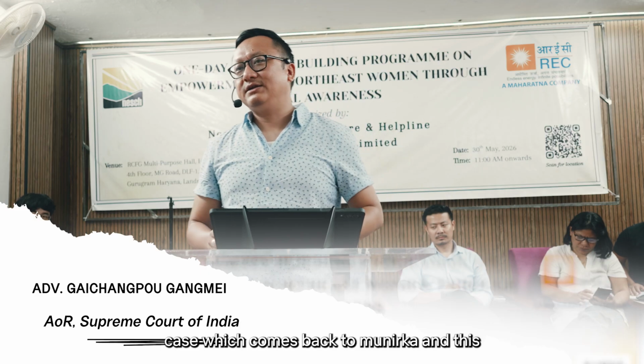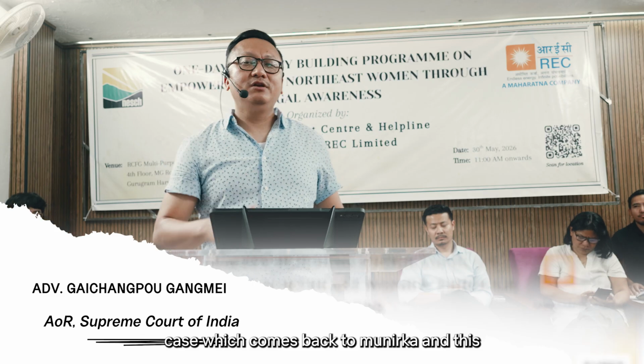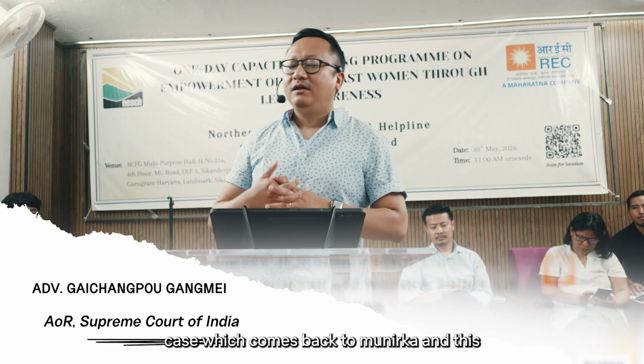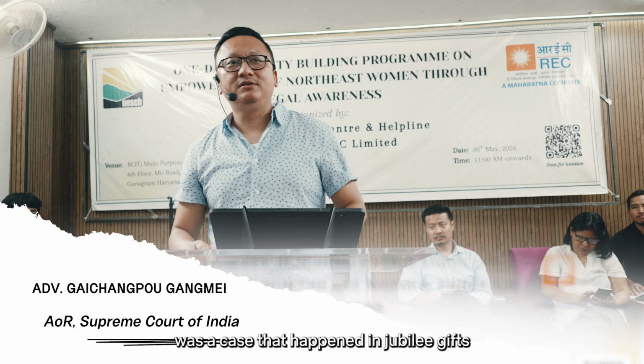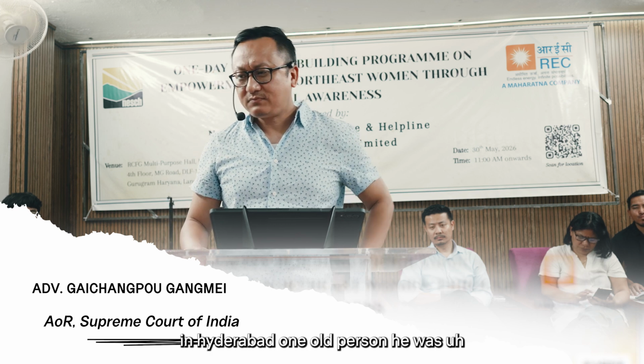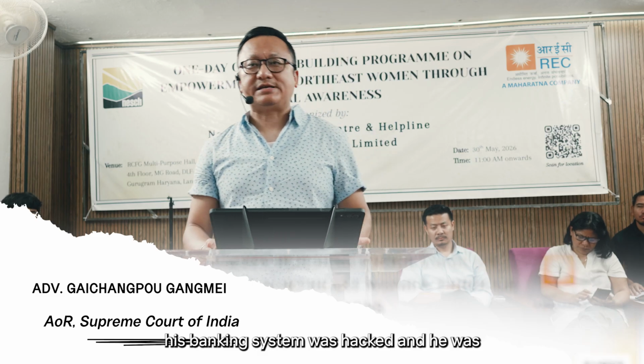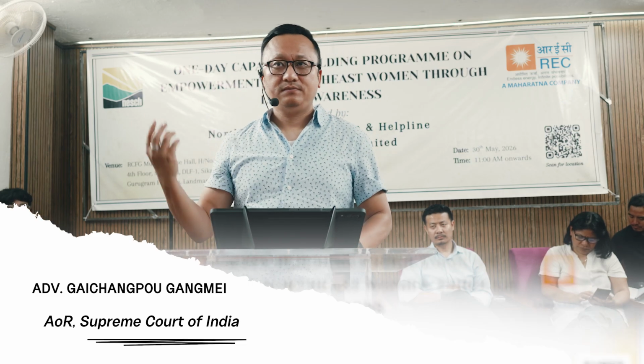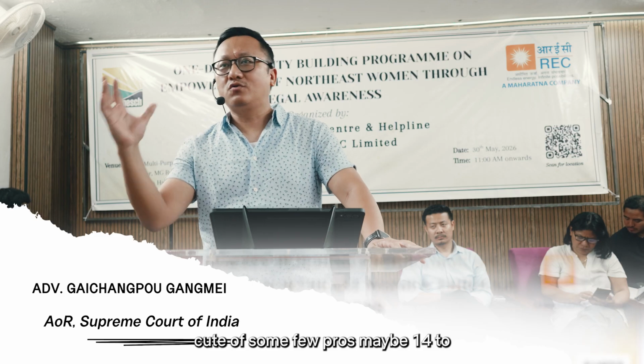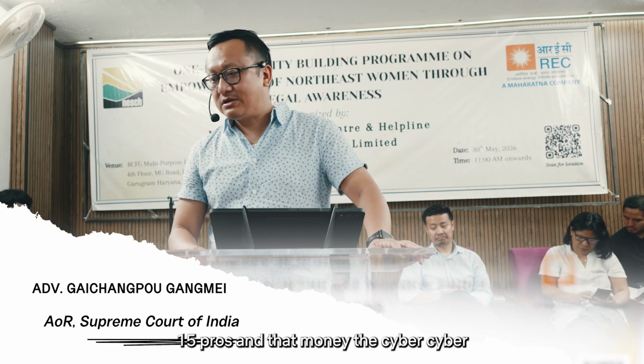So I know of a case that happened in Jubilee Hills in Hyderabad. One old person's banking system was hacked, and he was duped of a few crores, maybe 14 to 15 crores.